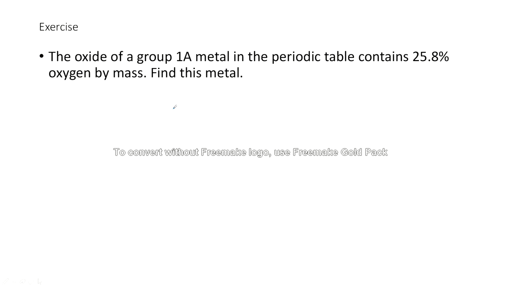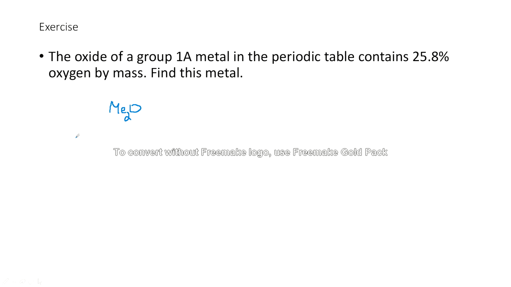If the element is from group 1, the oxide should be Me2O. So it should be 2, that is the valency of oxygen, and 1, the valency for the group 1 metal.